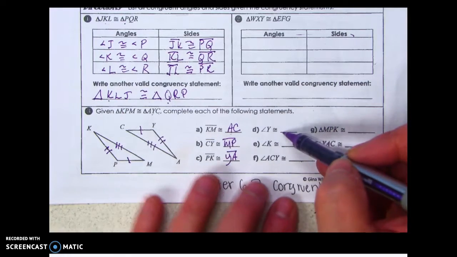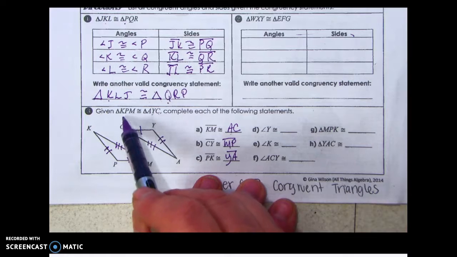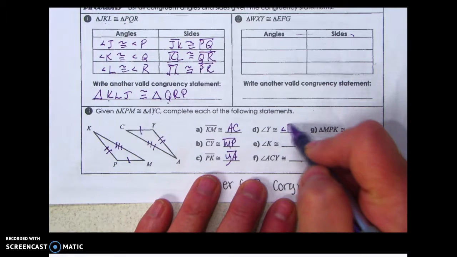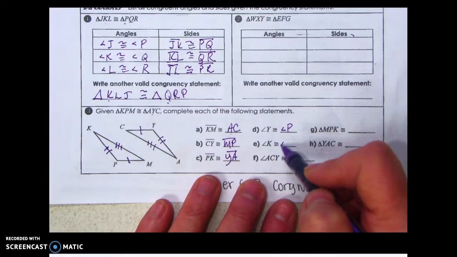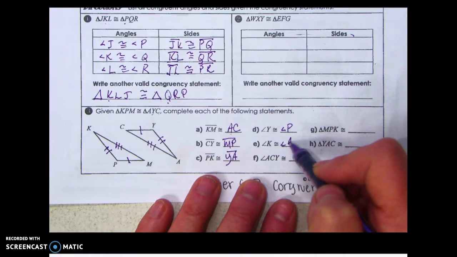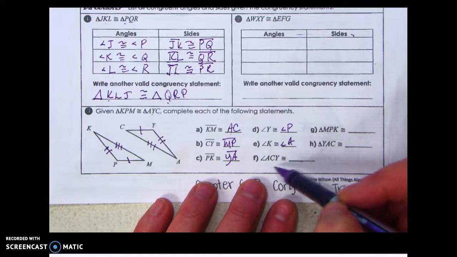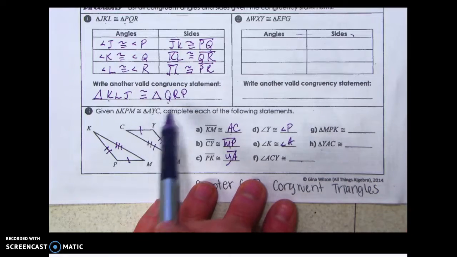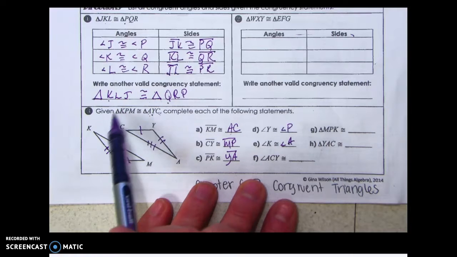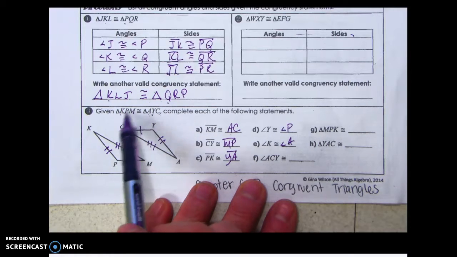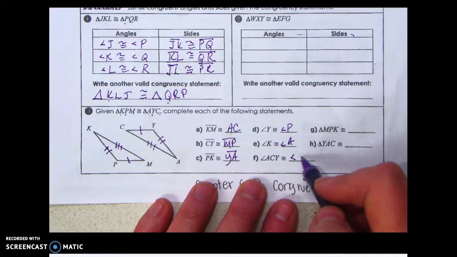Now angle Y, middle to middle, angle P. Angle K, first to first, angle A. Then angle ACY, first to last to middle, is congruent to angle KMP.